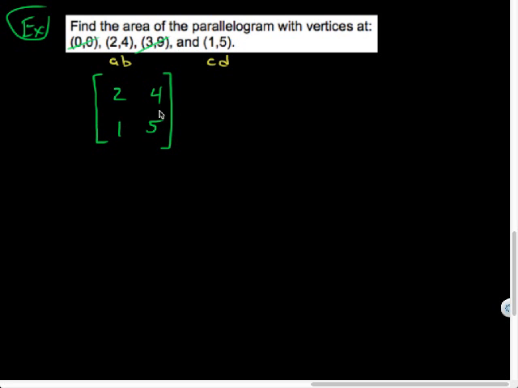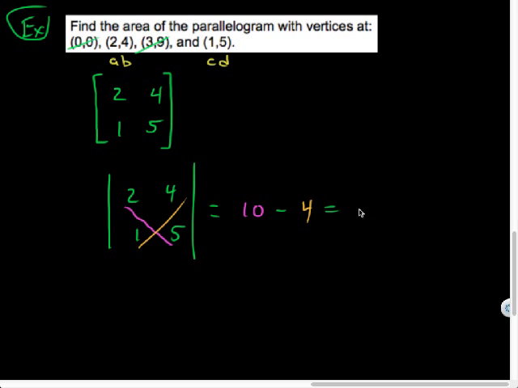So here's my matrix. I want to find the determinant of it, right? So the determinant of 2, 4, 1, 5. That's going to equal, well, how do I find the determinant? Multiply the primary diagonal. It's 10. And I'm going to subtract the product of the secondary diagonal, which is 4.